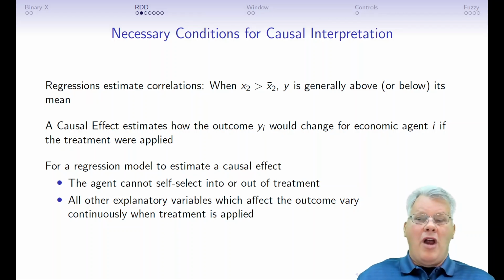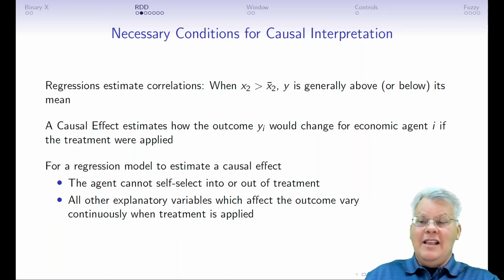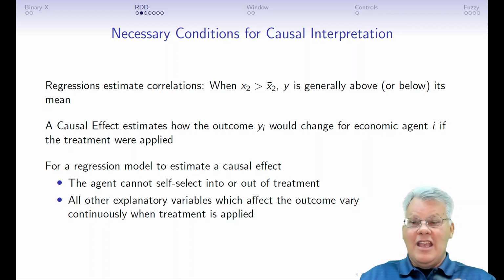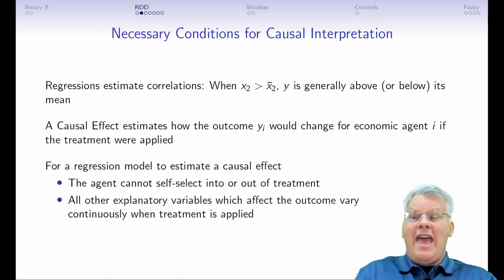So prior coursework taken, their SAT math score, their effort, all these other things have to vary continuously. And the only thing that changes fundamentally is turning 21 and having legal access to alcohol. If that is true, then we can argue that this is a causal estimate.